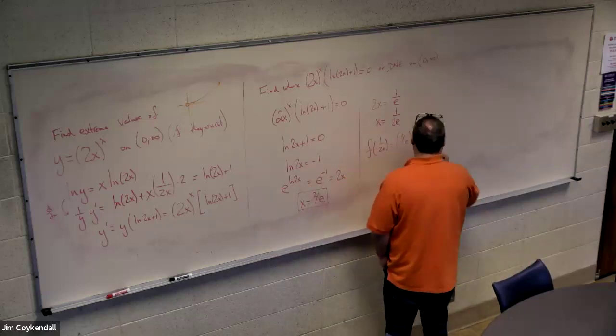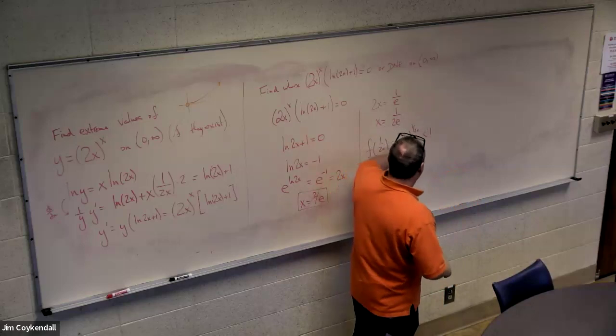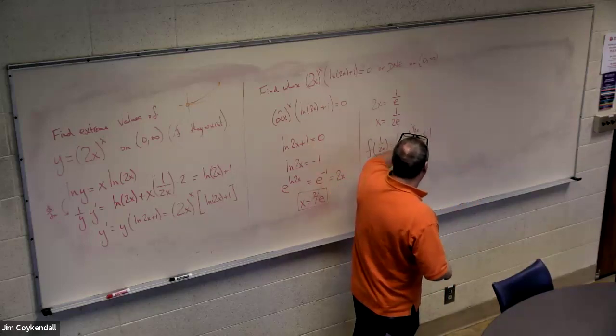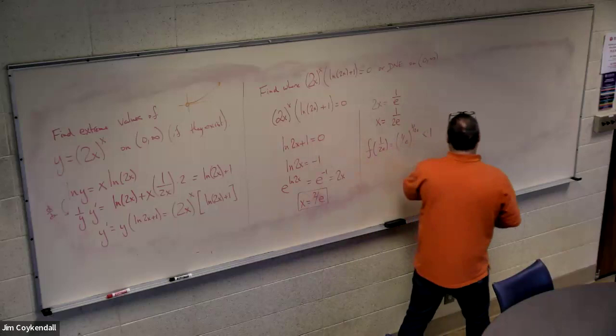This is roughly somewhere between the 4 and the 6. Notice, by the way, it's less than 1. You're taking basically a 6th root of something, plus 1.